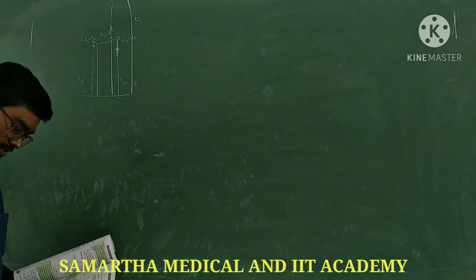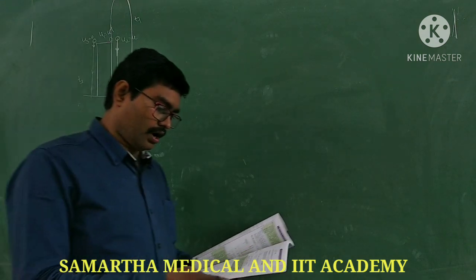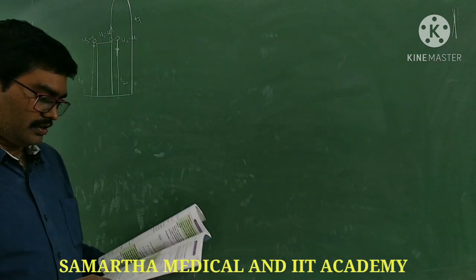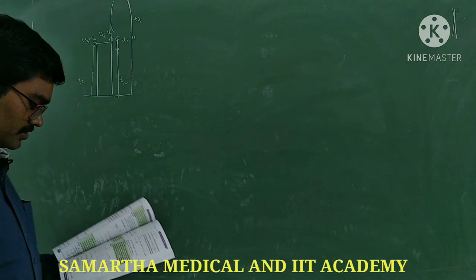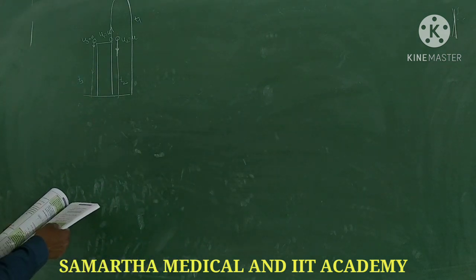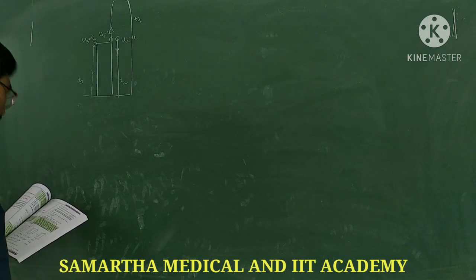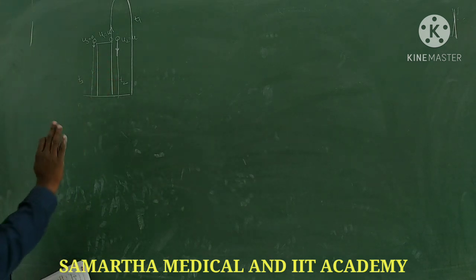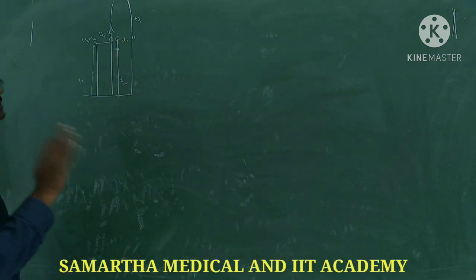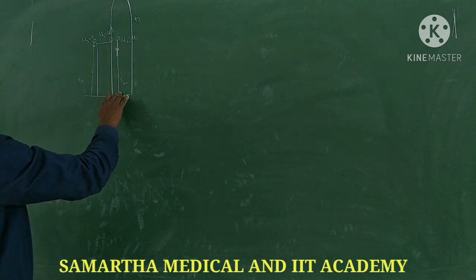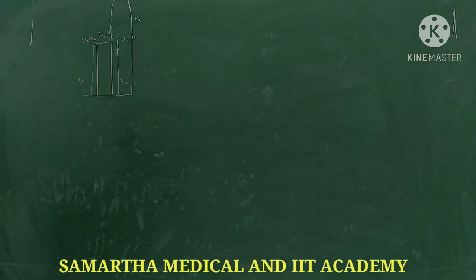See the question. 3 bodies are projected from towers of same height as shown. First stone is projected vertically upward. So you can take three similar towers, but instead of taking 3 similar towers, I have shown it in one single tower.